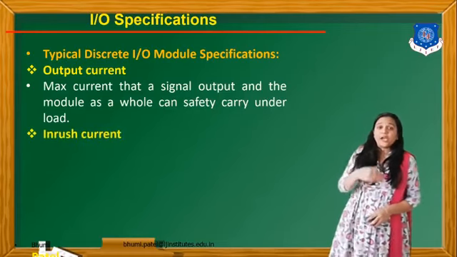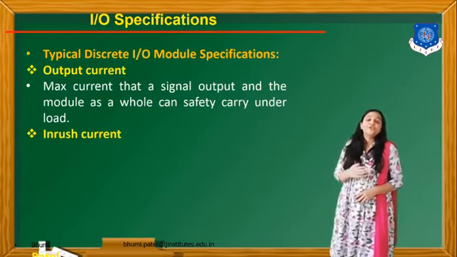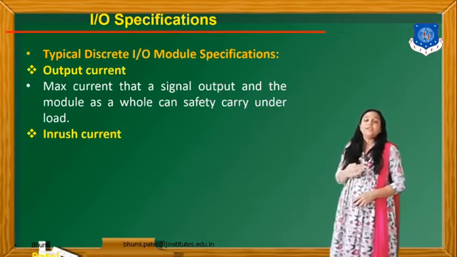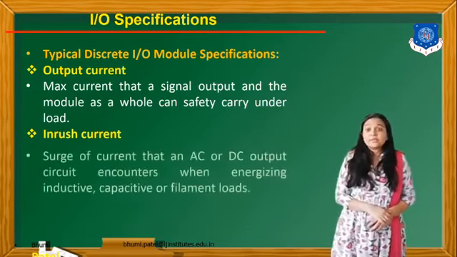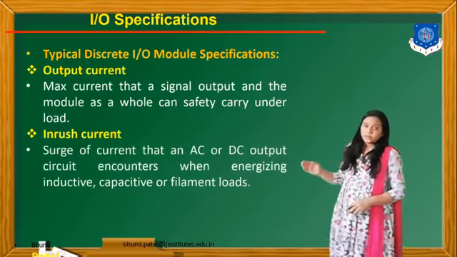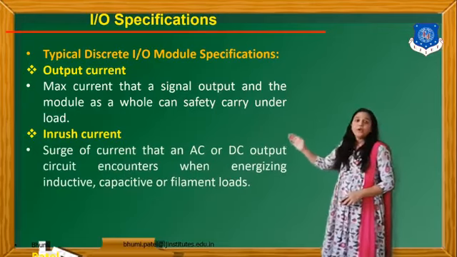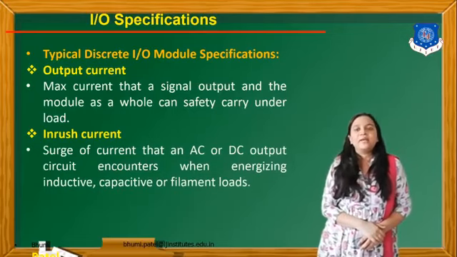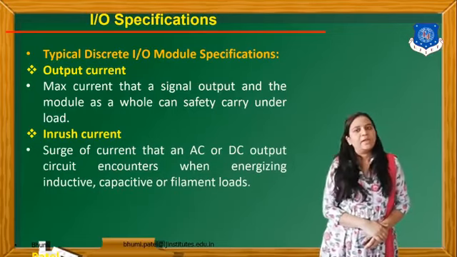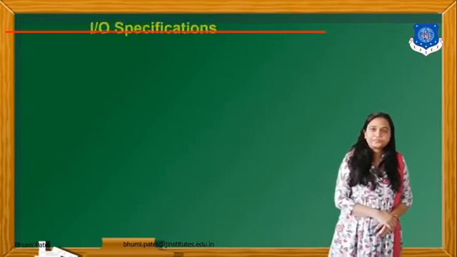Okay, because on the output side we can connect some instrument, so safety is the main point for the output current. Inrush current is the surge of current that an AC or DC output circuit encounters when energizing an inductive, capacitive or filament load.